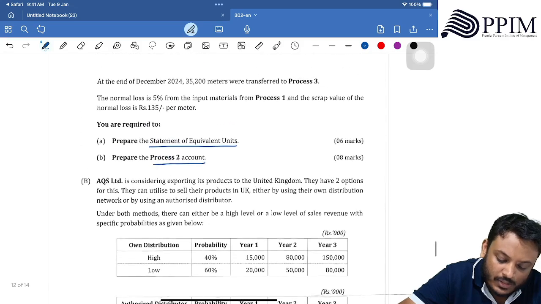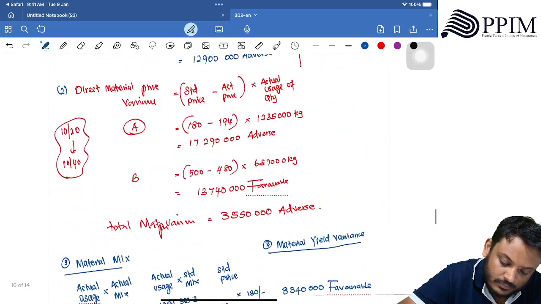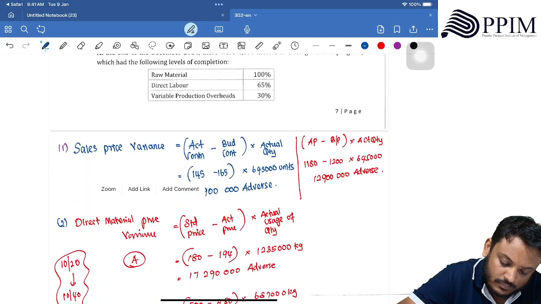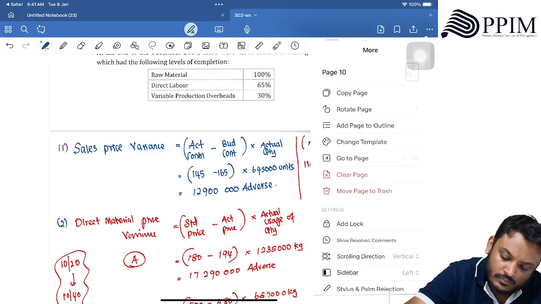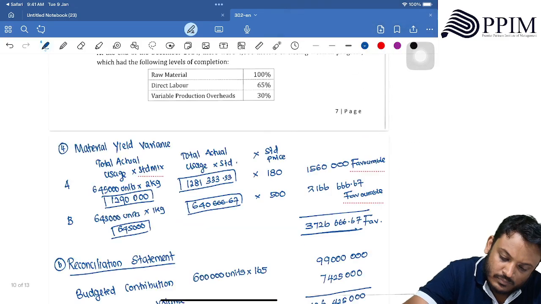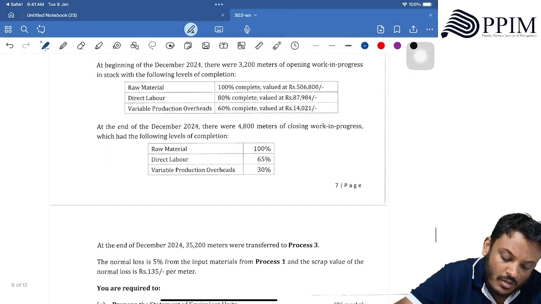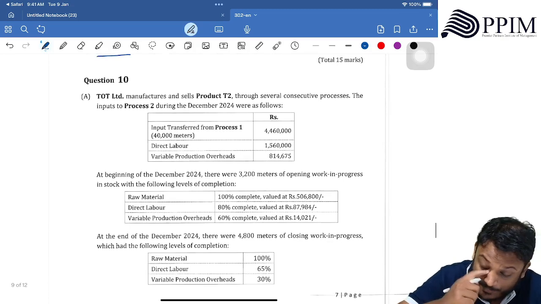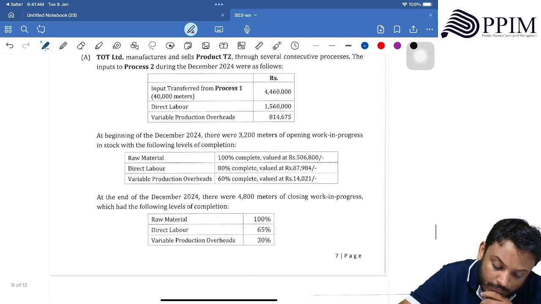So in the question, input is transferred from process 1, given; direct labor and variable overheads are given.